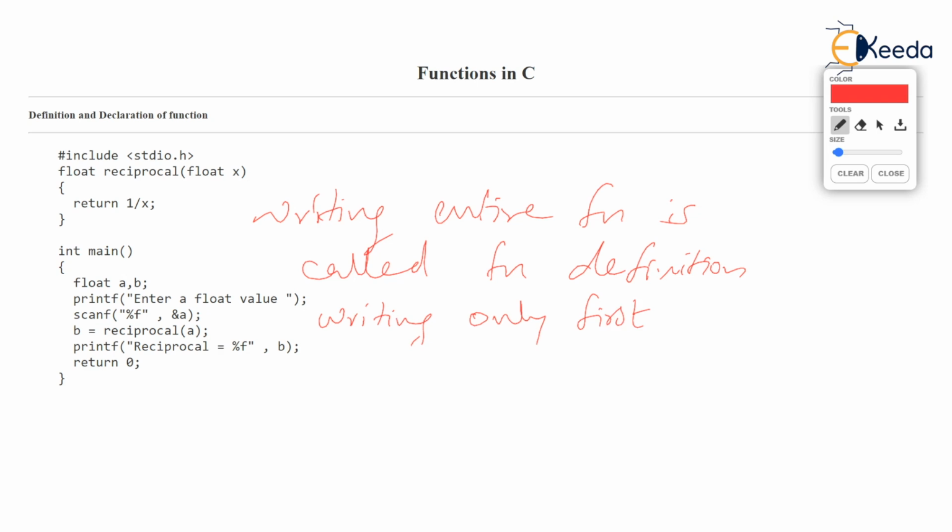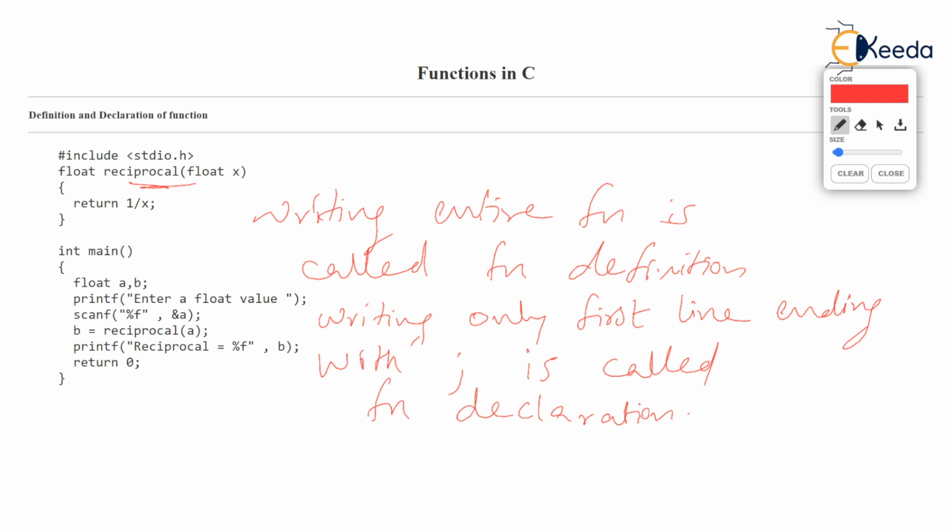Writing only this first line, ending with a semicolon, is called function declaration. Now, when do you declare a function? You have to declare a function if you define the function below the call. If you define this function below the call, then the program won't work. If you want the program to work, you just have to declare the function above main. And how do you declare the function? Just take this first line and paste it above main and end it with a semicolon.